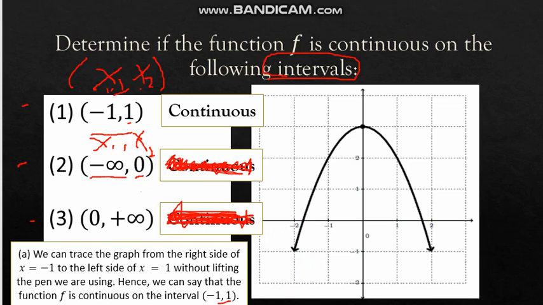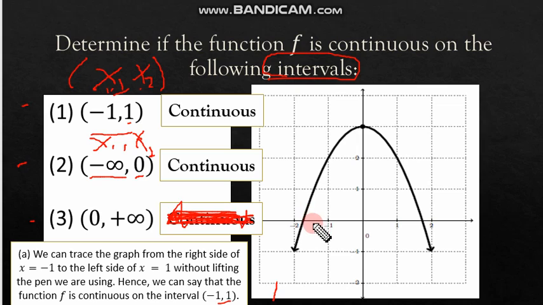We will start from the bottom and then trace the graph up to x equals 0. Now there is no interruption and we did not lift our pen, therefore our function is also continuous at this interval.